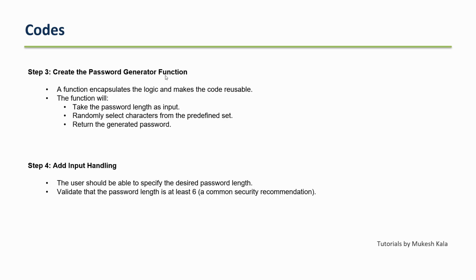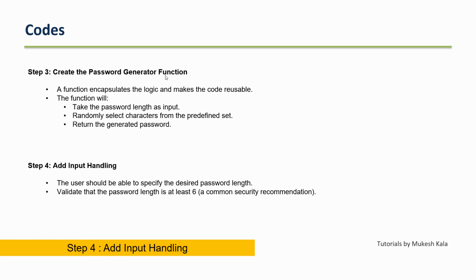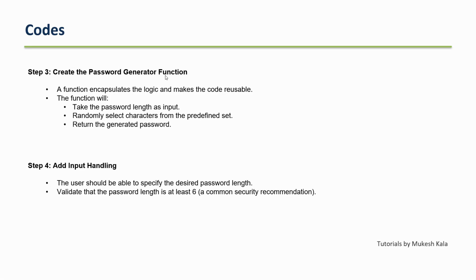Now the next one is add the input handling. The user should be able to specify the desired password length. We want the user to give the password length, not that we are generating the password of our own length. We will ask the user what length password they want, and accordingly we'll validate and generate the password.